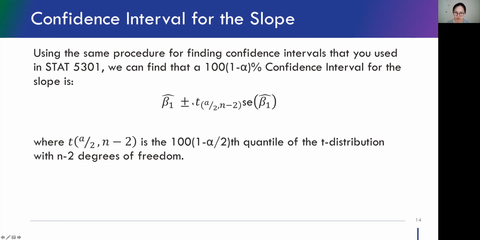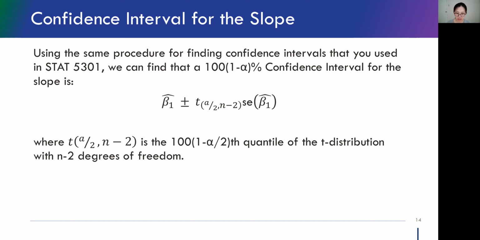Then this t value times the standard error of the estimated slope. This is how you get the confidence interval. And this t is the quantile of the t distribution with n-2 degrees of freedom.